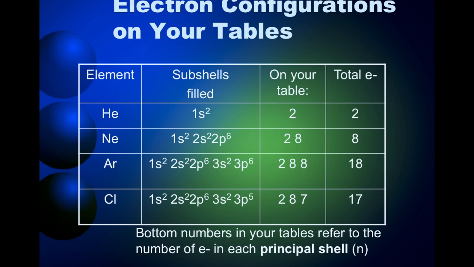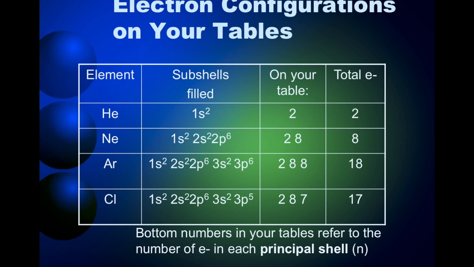There's a total of 2 electrons there. Next, we move up to neon, and the electron configuration is 1s2, 2s2, 2p6. On your table, this comes out to 2 electrons in shell 1 and 8 electrons in shell 2. It does not tell you which subshell they're in, just the shell. So that's 2, 8, and there's a total of 10 electrons.